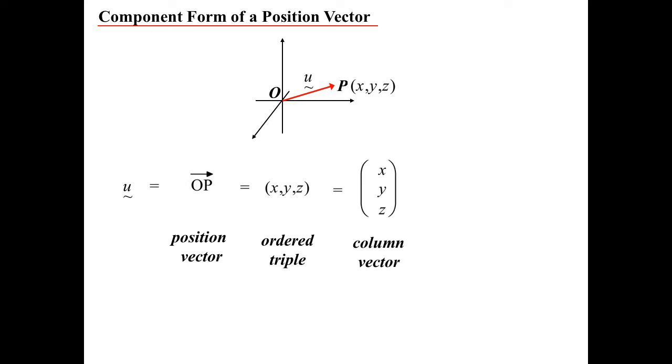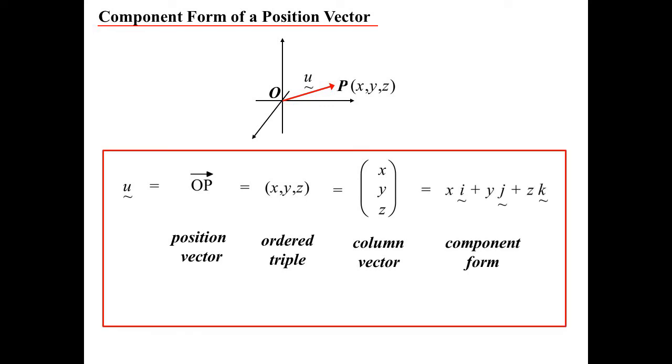Our vector, we still do it as a column vector, x, y, z. There's now 3 numbers in our column vector. And if I break it into component form, then it'll be x times the i vector, y times the j vector, z times the k vector. So again, everything transfers nicely from our 2-dimensional idea. And if I have to find the length of the vector, well, that's the distance formula we just talked about. So square root of x squared plus y squared plus z squared.